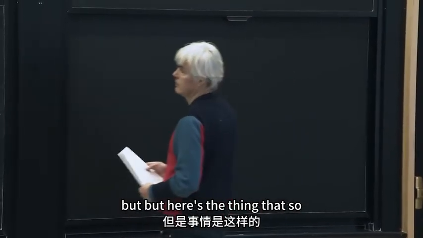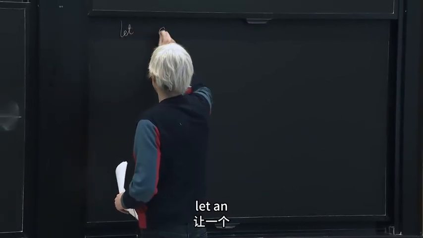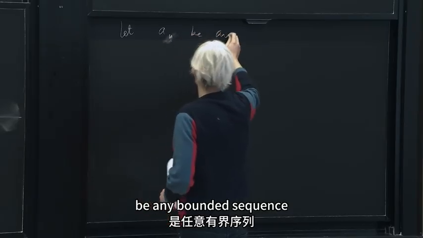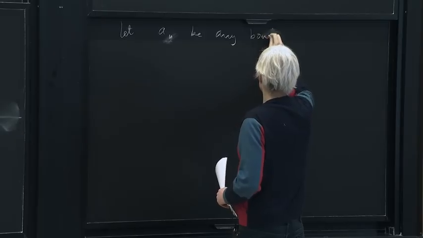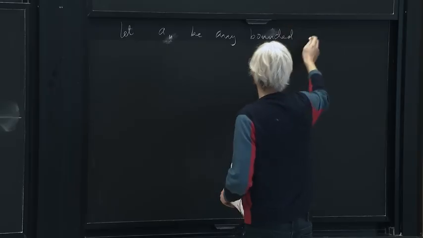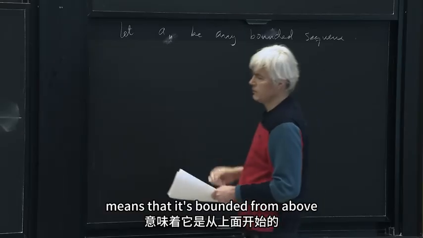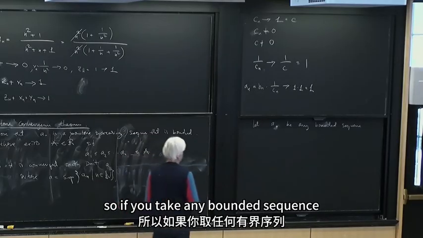But here's the thing: let AN be any bounded sequence. Bounded again means that it's bounded from above and bounded from below.